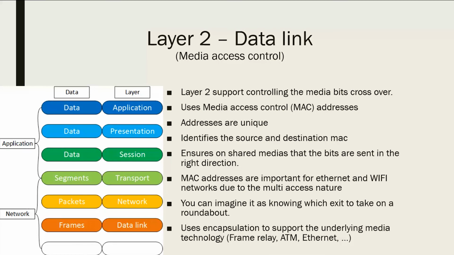So we have MAC addresses inside Ethernet, but we'll also have other identifiers, or IDs, or whatever you want to call them, inside frame relay, inside ATM, or any other layer 2 protocol. But it's always taking that same kind of similar concept. It's knowing on your very local network what direction you need to go. Do I need to go down that path or that path? So that's layer 2, and as I mentioned, it's really about your local connection and how you actually get to that relevant destination.